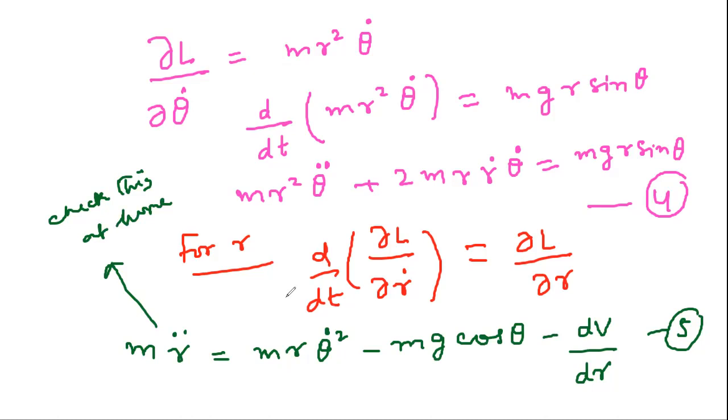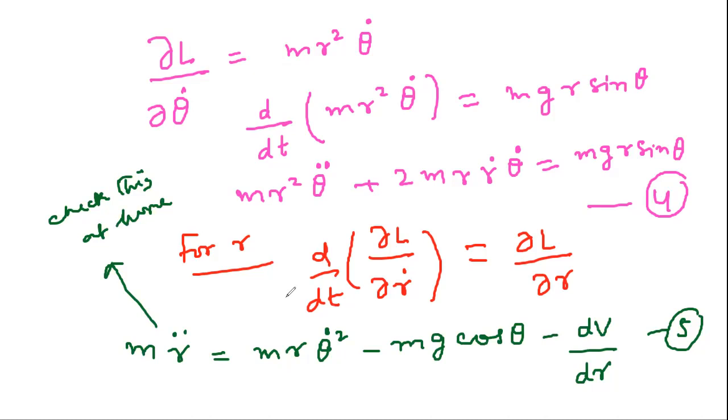So when you get it, it is m r double dot is equal to m r theta dot square minus mg cos theta minus dV by dr. Here you will have actually the partial derivative of V with respect to r, but there is only one variable on which V is depending, that is r, so you can equate it to the total derivative. So there is no issue.